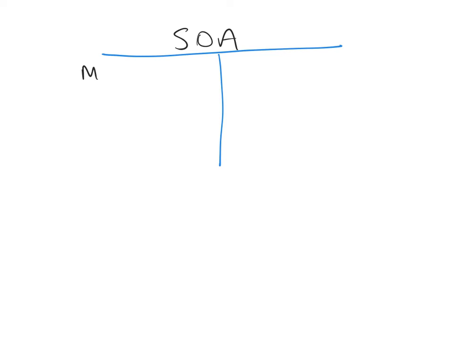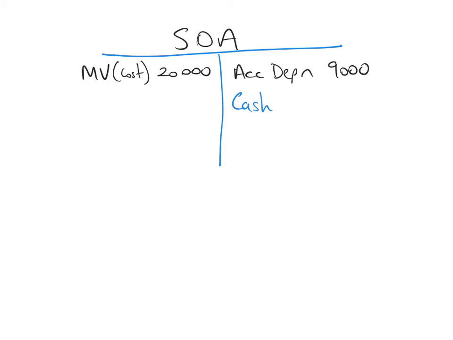All right, so let's see what happens if we didn't sell it for the full amount. So again, if we were to reconstruct our sale of asset account, again, let's put the cost on the debit side. So the motor vehicle cost was $20,000 and the accumulated depreciation we said was $9,000, but this time we only sold it for $10,000 cash.